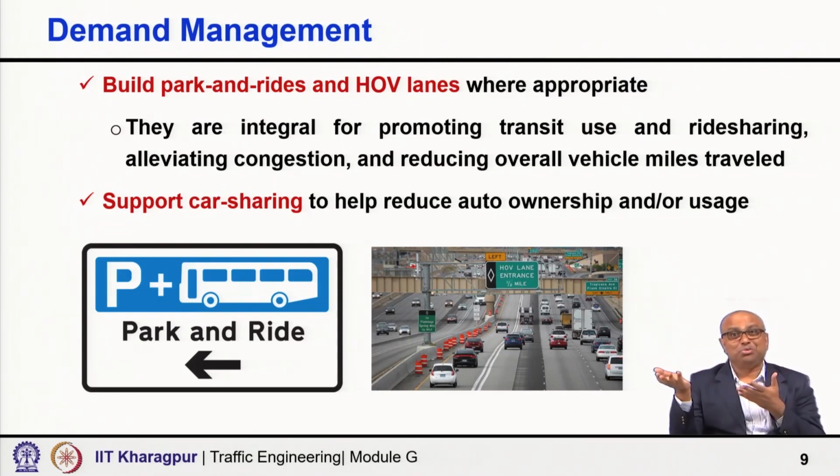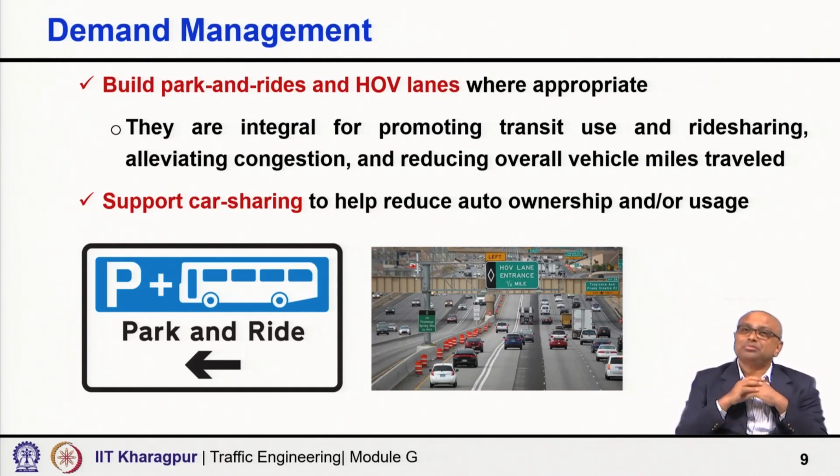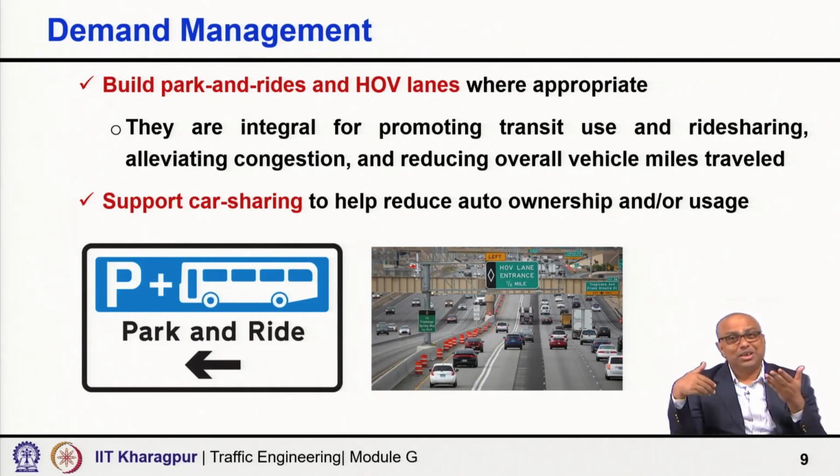So, you encourage people that instead of using 3 cars, if you are doing a carpool and traveling together, then I will allow you to use a shorter route, or a specific lane which will normally remain uncongested so you can travel faster. Those lanes are only for this kind of vehicles to give priority. So, this is again encouragement.